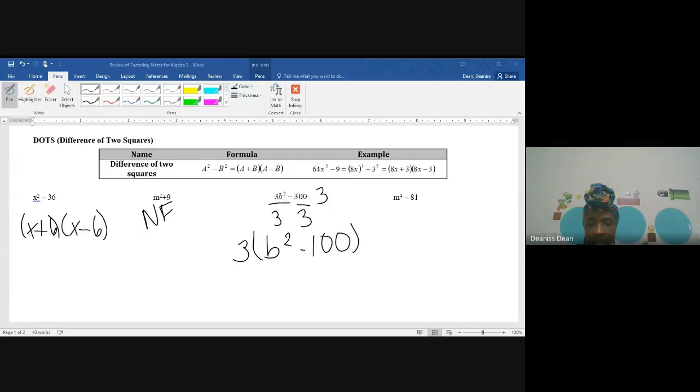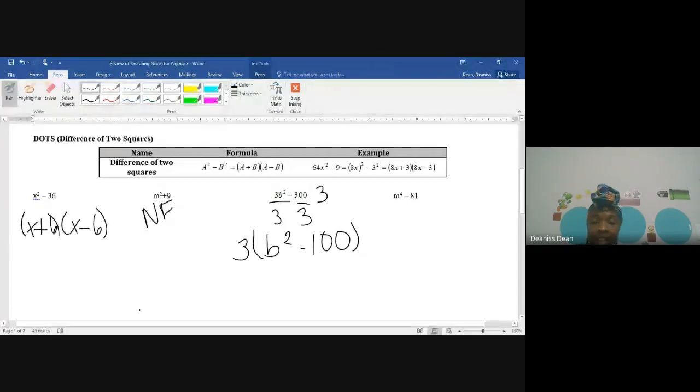Yes. Okay, Jay, let's see what you got here. Yes, yes, yes. So those are both perfect squares. So I got to keep going with the problem. So I'm going to write my two sets of parentheses, plus or minus. Remember that it doesn't matter what set of parentheses you put the sign in. All right, so b squared means I have a b and a b. 100 is 10 and 10.